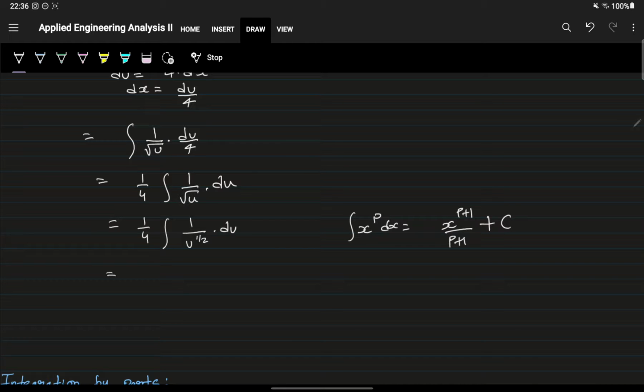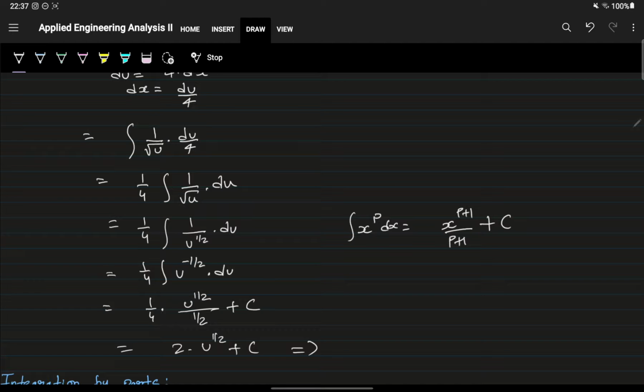So this is basically u power minus 1 by 2 du, which gives us 1 by 4 times u power 1 by 2 divided by 1 by 2, plus c, that is 1 by 2 times u power 1 by 2 plus c.